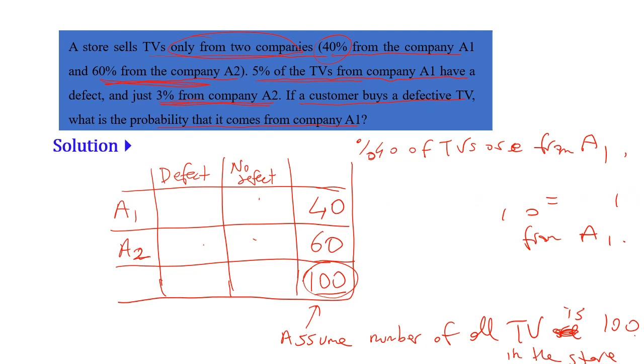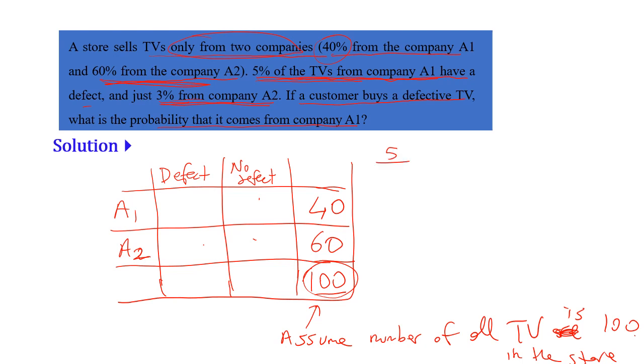Now let's fill out the other boxes if possible. Sometimes it's not possible, but I will show you. 5% of A1 TVs are defective.